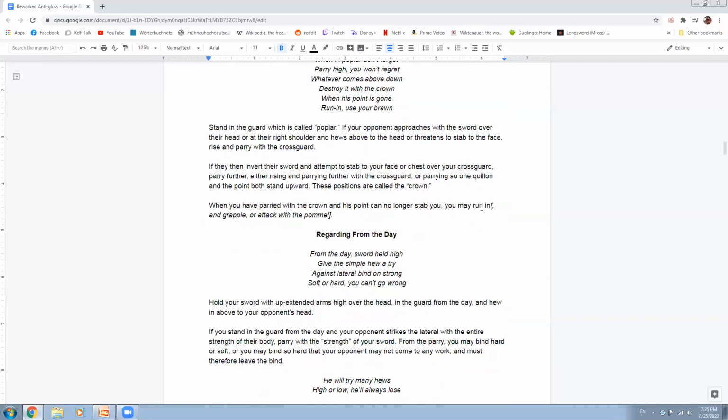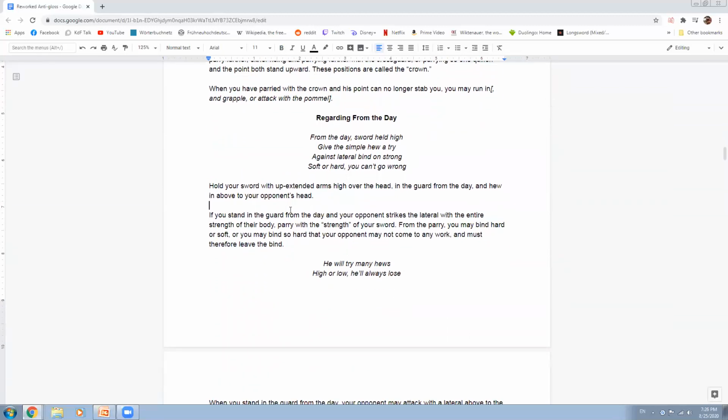So part of this reading is trying to figure out what their next move is after you run in, because they never really say it in the gloss. They just say, if he runs in, do this. But why would he run in? What's his end goal? My answer to that was either grapple or attack with the pommel.